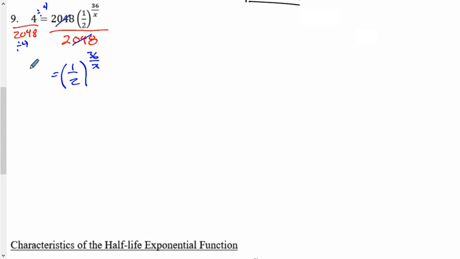So that gives me 1 over 512. 512, with some number crunching, we get to be 2 to the exponent 9. There we go. And that's equal to 1/2 to 36 over x.